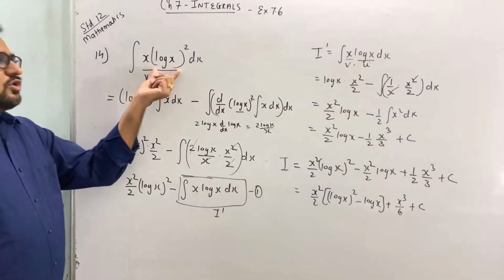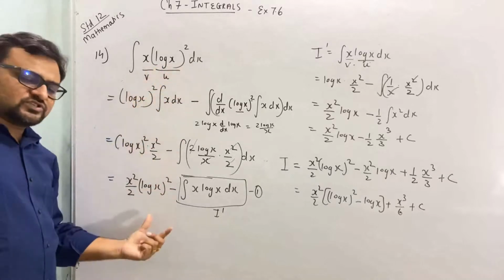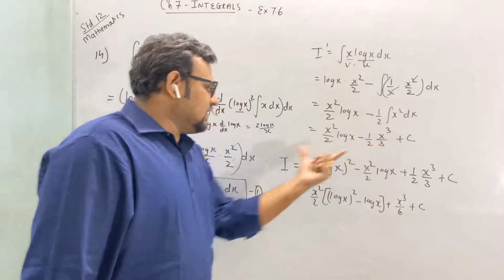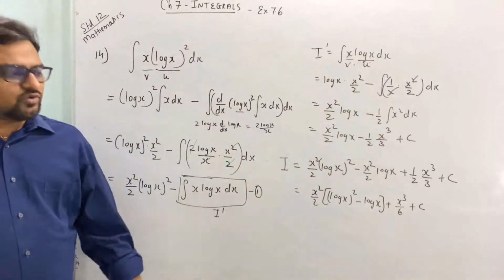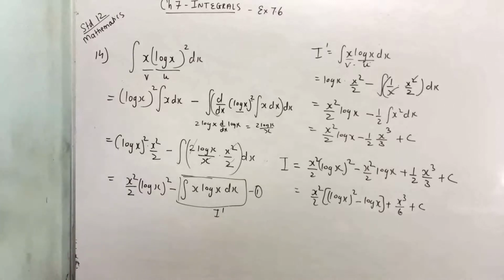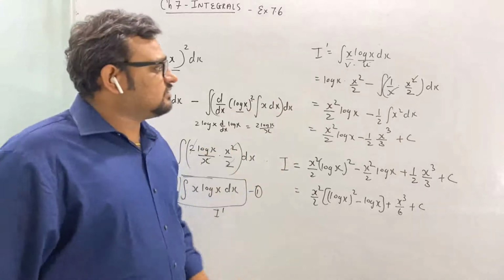See, we had assumed log x as u. We have solved the first part, we got this. We have taken this separately, solved it, and then we joined it. Okay, so just go through this question. Sorry, we are having a mistake here.